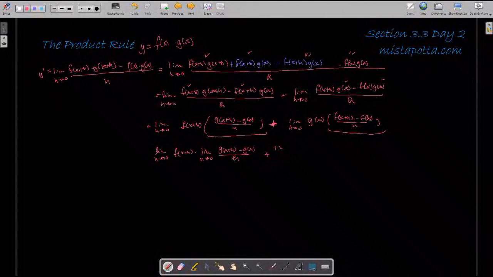So I've got the limit as h approaches 0 of g of x times the limit as h approaches 0 of f of x plus h minus f of x all divided by h. And I know that this actually is the derivative of g.